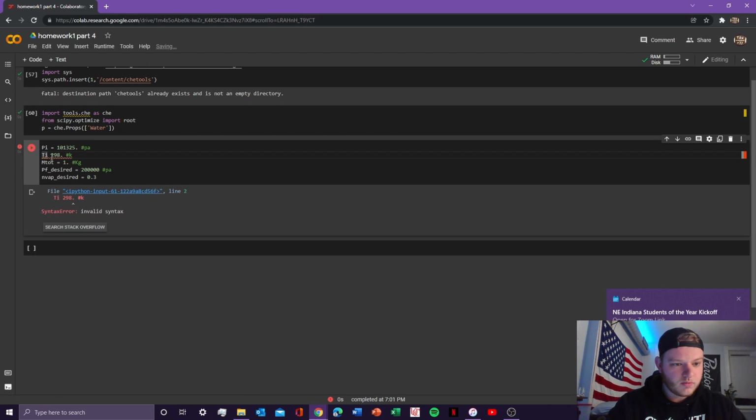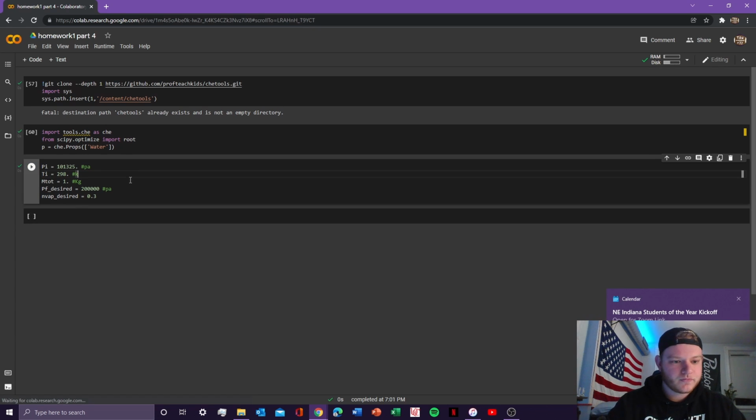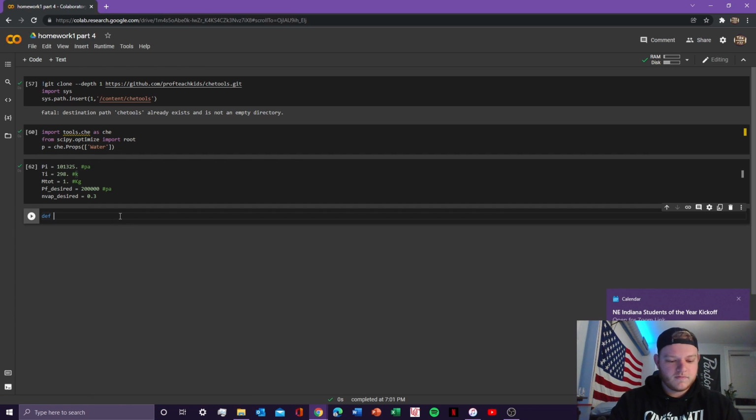I need to add an equal sign, don't I? There we go. Alright, now we're going to define our equations. So, define equations, and that's going to be a vector, so we'll just call it vec for vector. And then we're going to unpack that vector equaling our two unknowns.